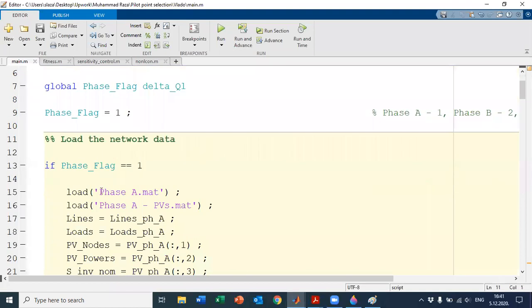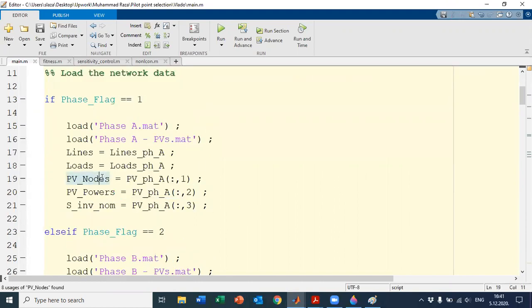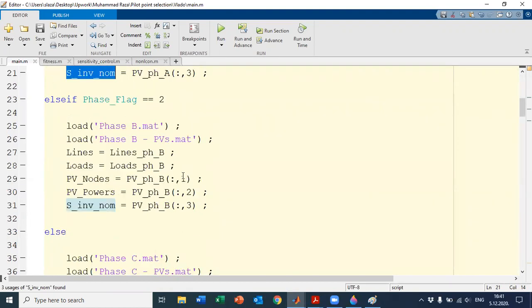Phase A contains the lines and the loads, and the phase A PVs contains the PV data, meaning the PV nodes and the PV powers, and it also contains the nominal inverter power, which we have to use in order to determine the reactive generation of the PVs.